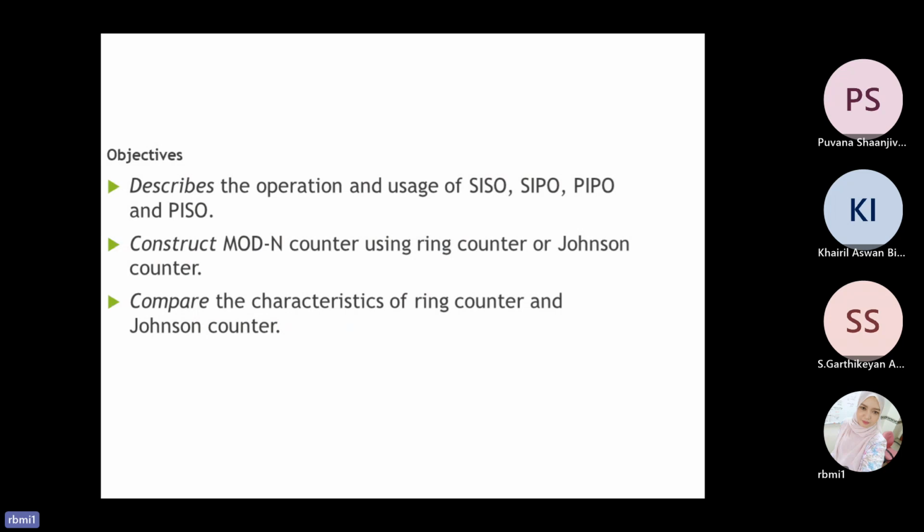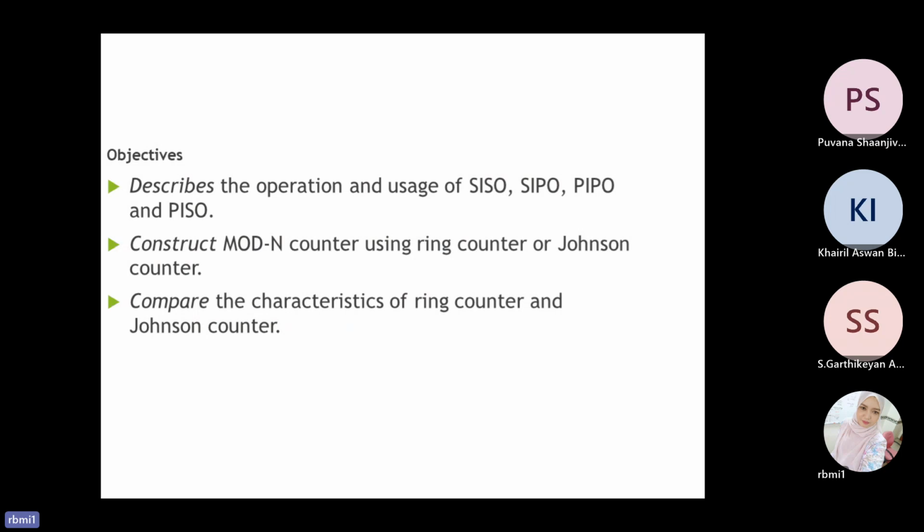It consists of a series of flip-flops, each of which can store 1 bit of data. The flip-flops are connected in a chain, like previously, in series, with the output of one flip-flop connected as the input to the next flip-flop. That is the concept of connection in a chain or series.